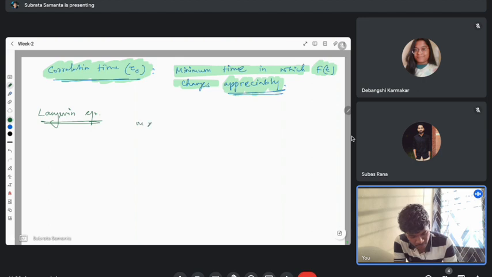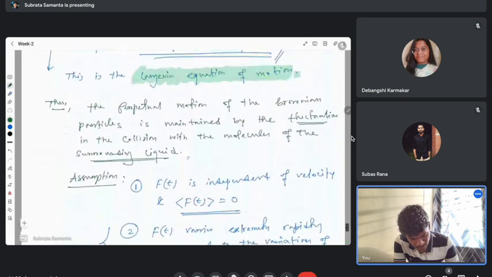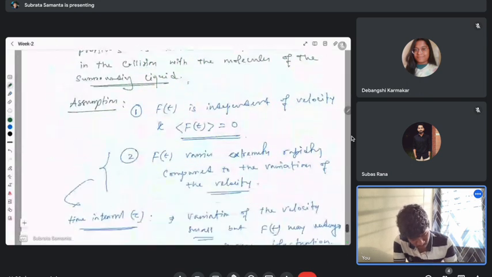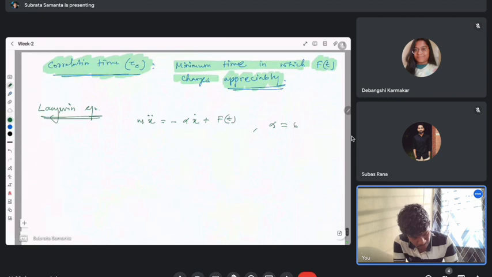You can write the Langevin equation as m x double dot equals minus alpha x dot plus f(t), where alpha is 6 pi eta r. Because eta is constant and r is constant, alpha is a constant.